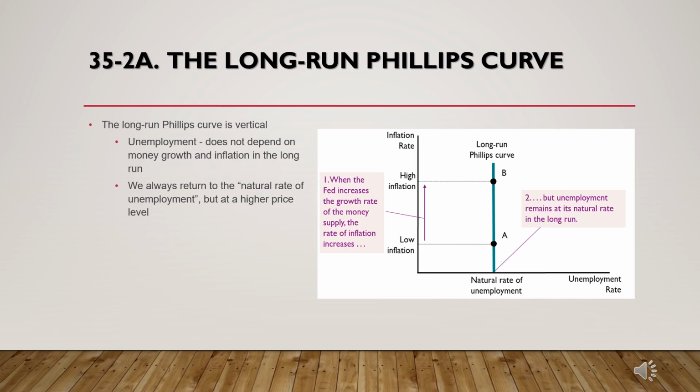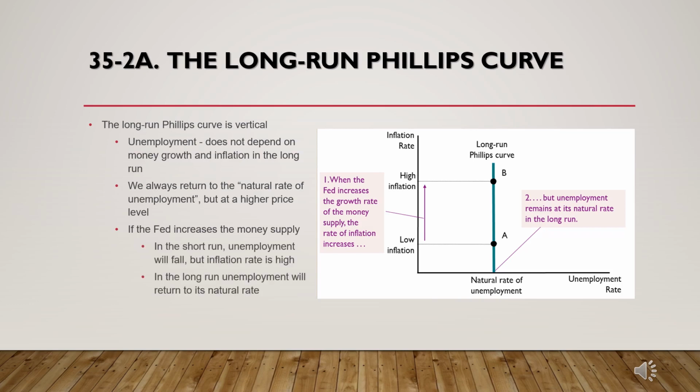As you can see from the graph, if the Fed increases the money supply slowly, the inflation rate is low and the economy finds itself at point A. However, if the Fed increases the money supply quickly, the inflation rate is high and the economy finds itself at point B. In either case, the unemployment rate tends toward its normal level, called the natural rate of unemployment. The vertical long-run Phillips curve illustrates the conclusion that unemployment does not depend on money growth and inflation in the long run.